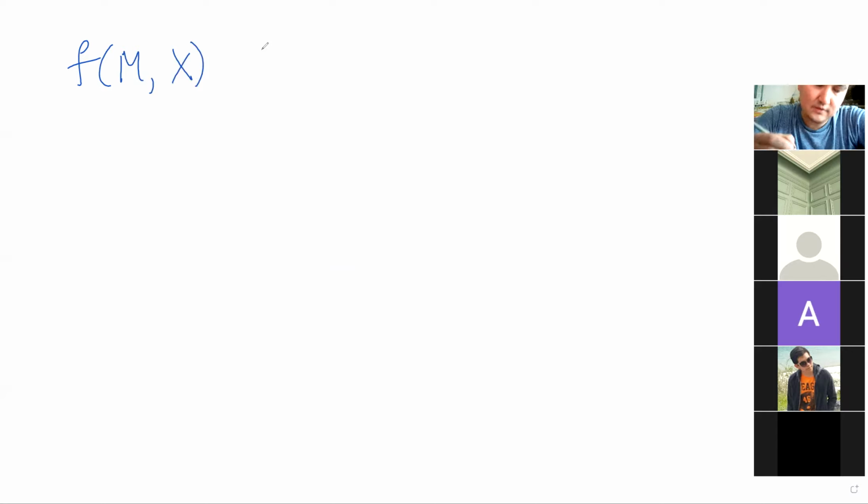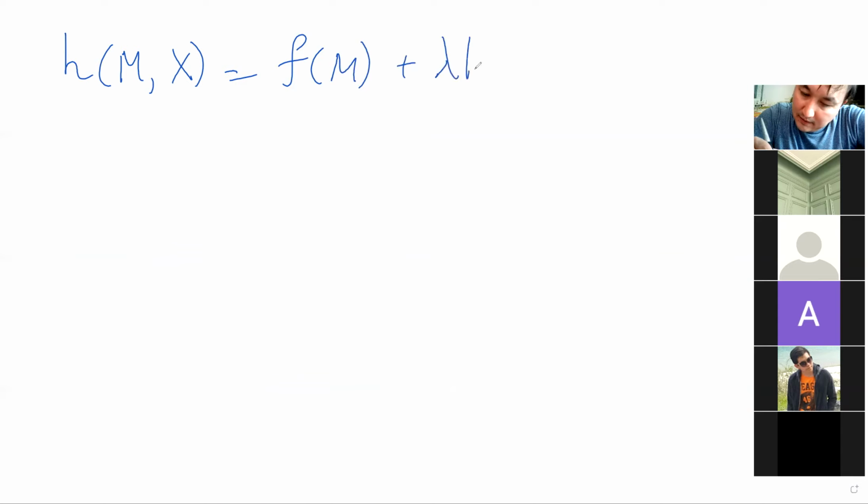So this is not f of m, maybe let's denote it as g, not g, let's denote it as k, no, not k, f g h, h of m x, which is equal to f of m plus lambda times the Frobenius norm of m minus x.